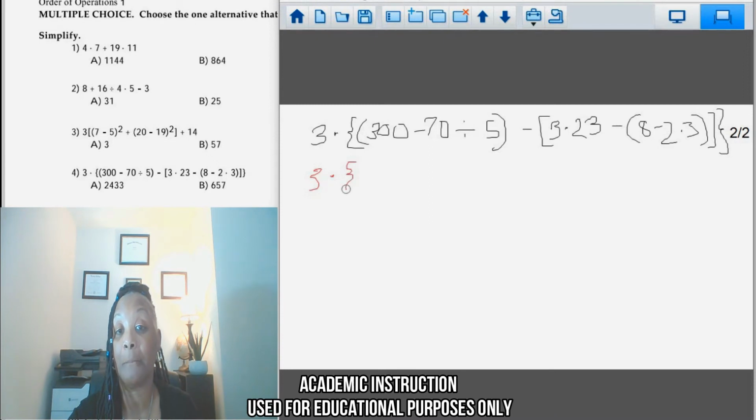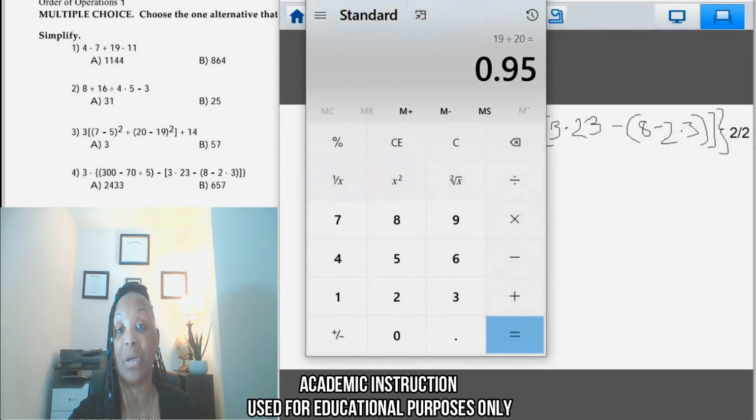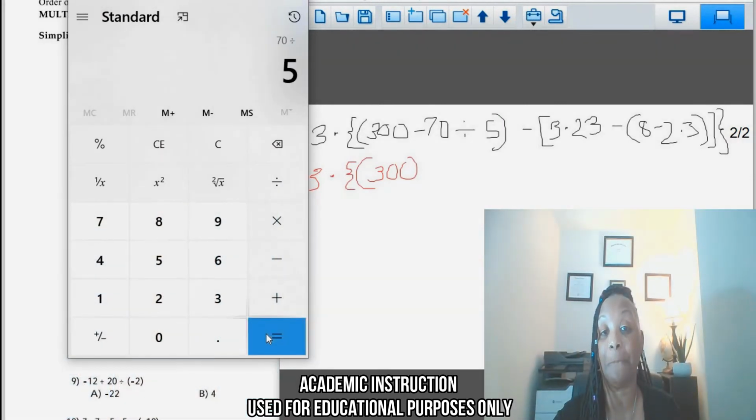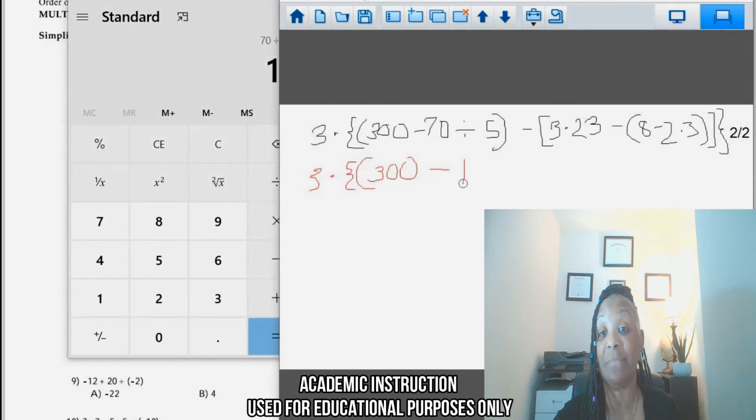Okay. Now we have 300. Now we have a negative 70 divided by 5. And when you divide 5 into 70, let's bring up our calculator. We have 70 divided by 5, and that gives us 14. So we're going to have a negative 14 because whenever you have a negative and a positive, you're going to always get a negative. Okay?